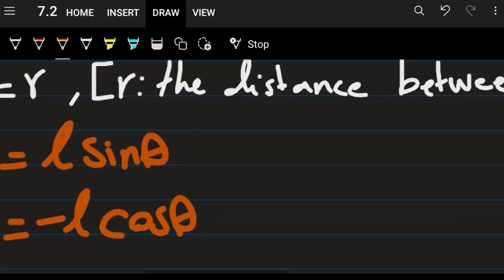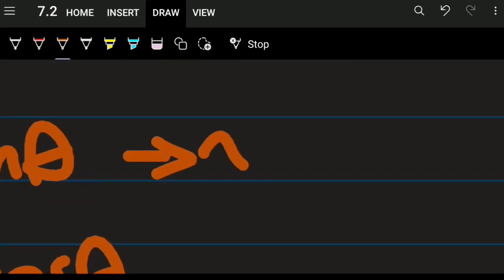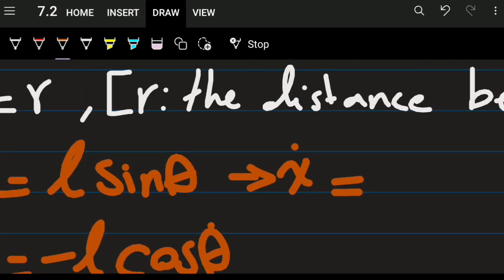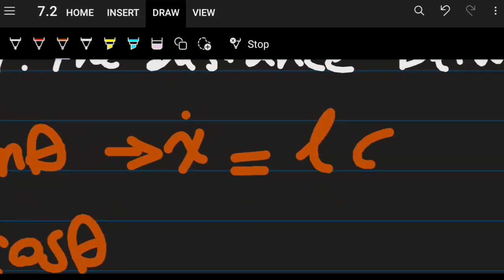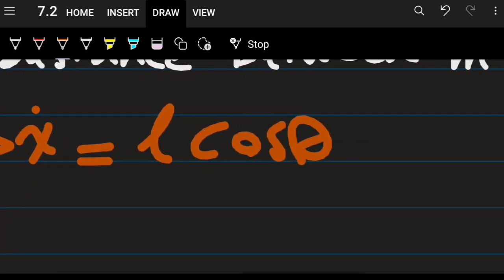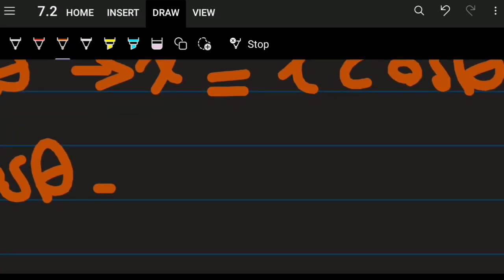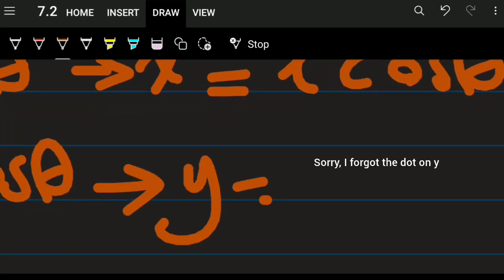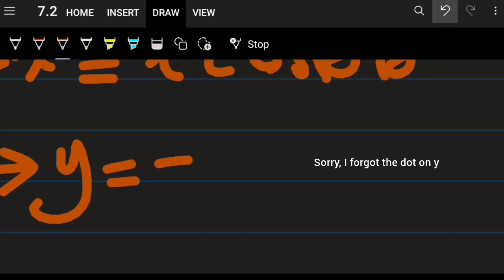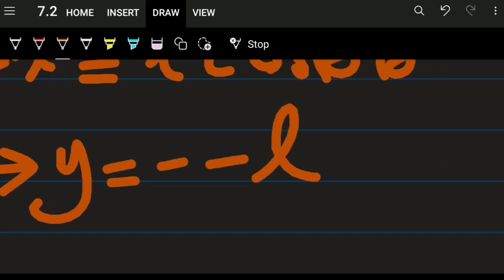Deriving both x and y with respect to time, we get x dot equals L cos theta theta dot, and y dot is equal to minus, becomes positive, L sine theta theta dot.